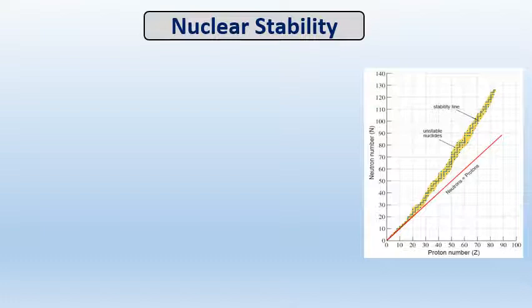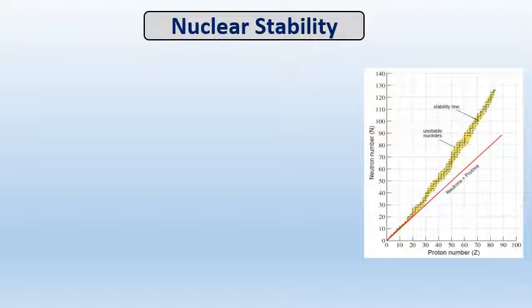But any element that lies on the right side of the belt of stability, or the left side, or above the belt of stability, is an unstable element.